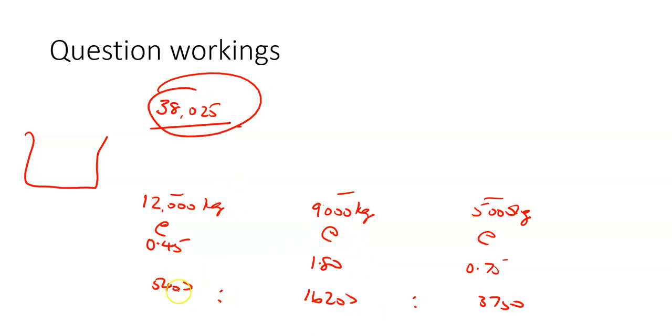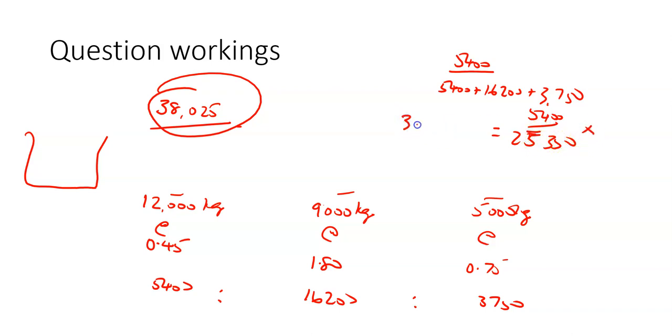I'm just going to do this as you would do any ratio analysis. 5,400 divided by 5,400 plus 16,200 plus 3,750, and that's 25,350. So that's 5,400 divided by 25,350. I multiply this by, of course, the 38,025 to know what portion product A would be taking.